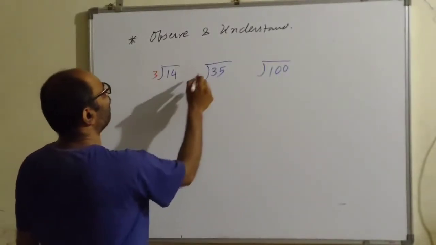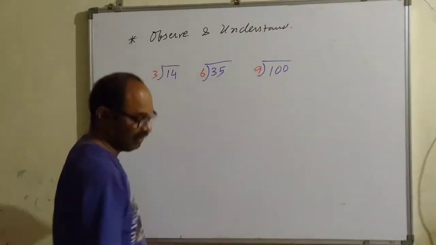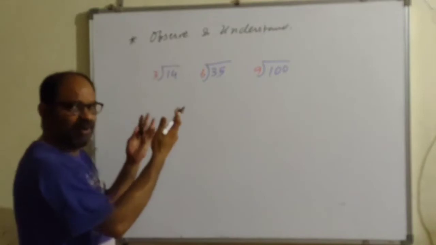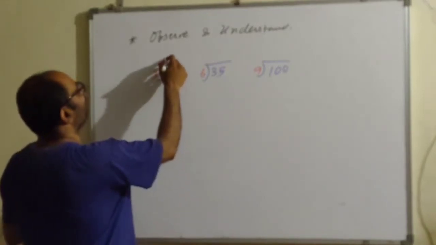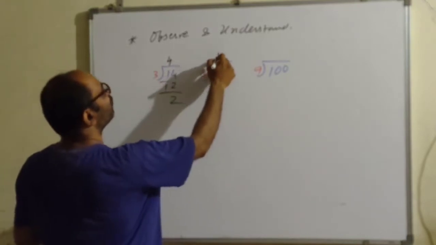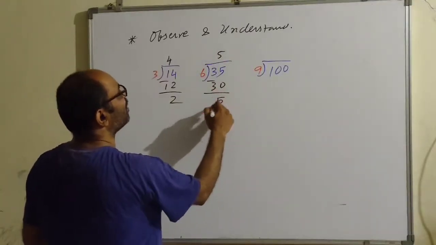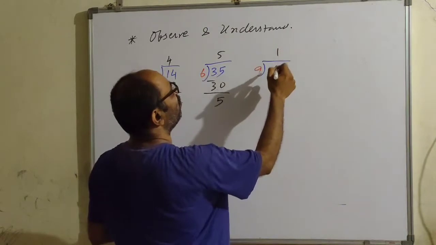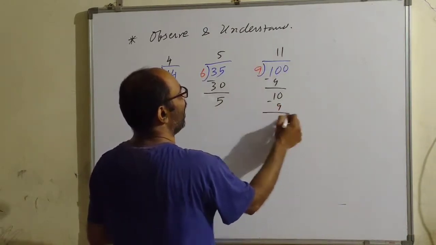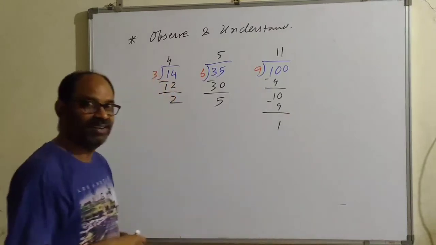I take 3 here, 6 here, 9 and let me divide. This we have already seen earlier. 3 4s are 12, remainder is 2. 6 5s are 30, remainder is 5. 9 11s are 99, so final remainder is 1.